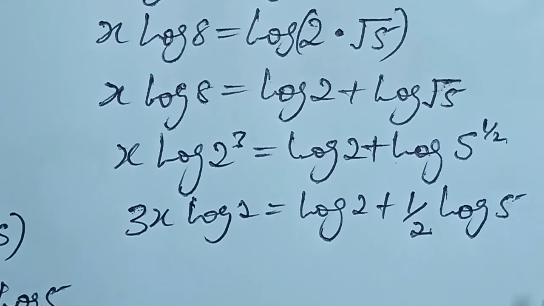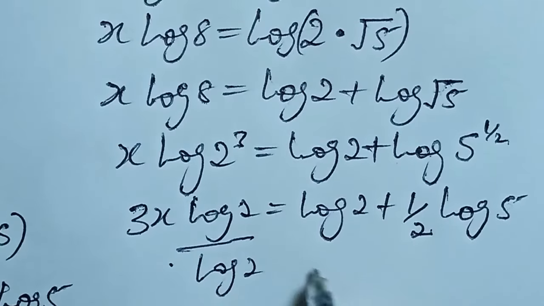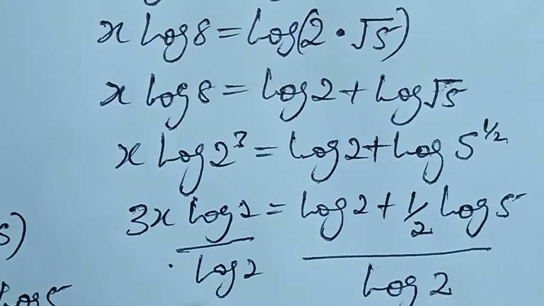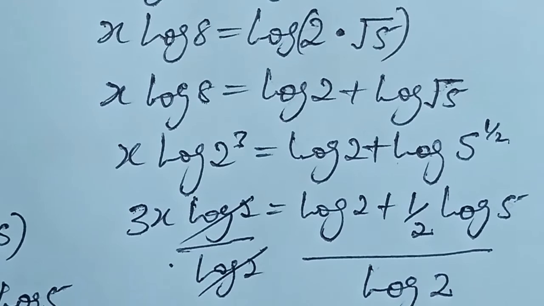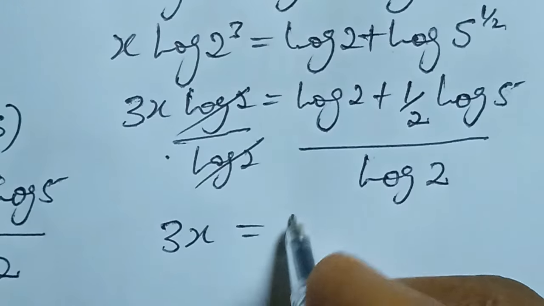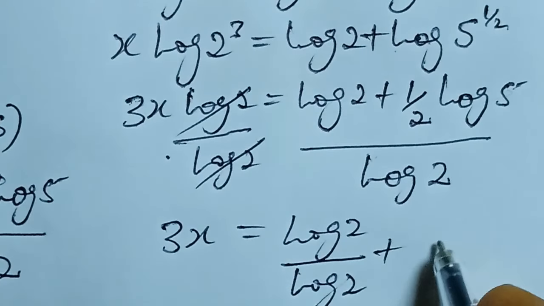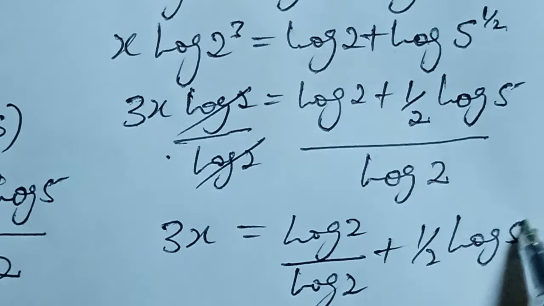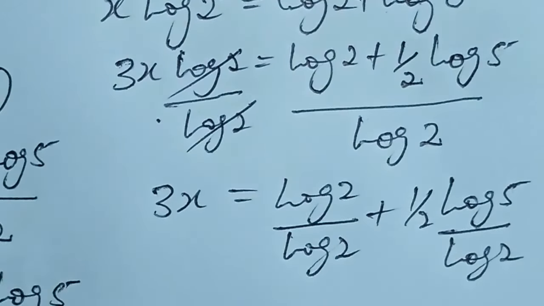Now from here we can divide both sides by log 2 to isolate 3x. So we divide the whole of this by log 2, so this cancels out with this. We have 3x equal to log 2 divided by log 2 plus half log 5 divided by log 2.